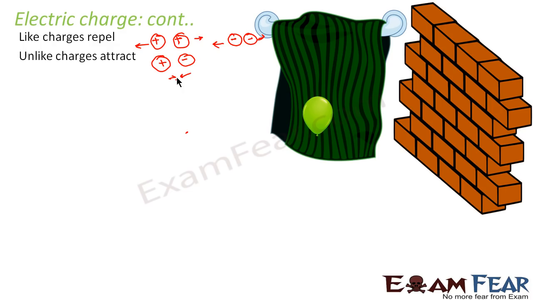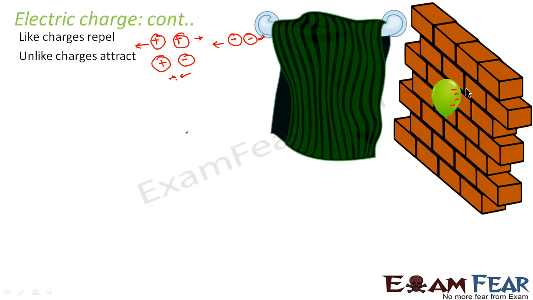Now you take this negatively charged balloon towards the wall. So the wall is uncharged but the balloon is negatively charged right now. So what happens? As I told you, opposite or unlike charges will attract. So what will happen when the balloon is brought near the wall? This balloon has extra negative charge. So it will attract the positive charges inside the wall, because the wall again is a matter, right?